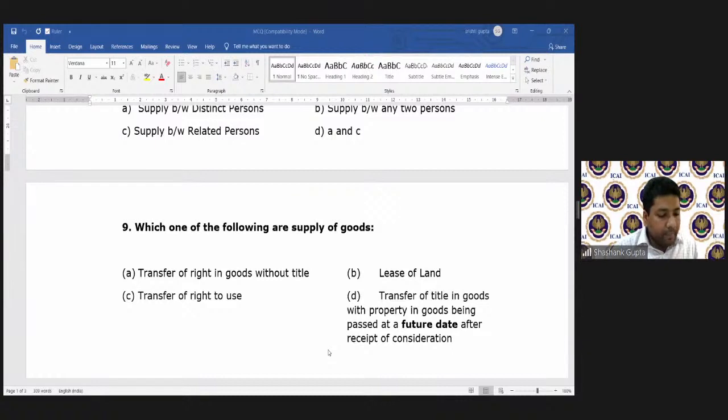Very good, Kamal. Very good, Abhishek. Sanjay, your answer is incorrect. Very good, Shivani. Tushar Kumar, your answer is incorrect.